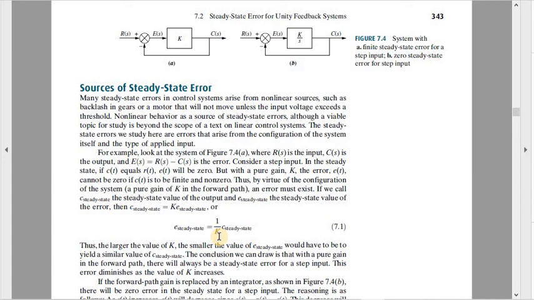We know that 1 over infinity is equal to 0, so that's why an integral makes the constant steady state error equal to 0. So be careful, an integral will only work for a constant steady state error.